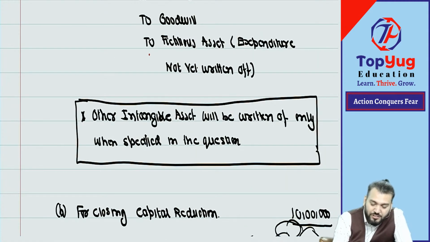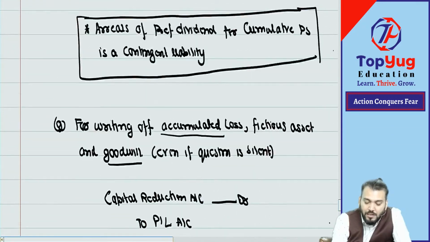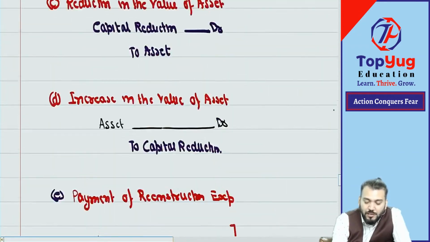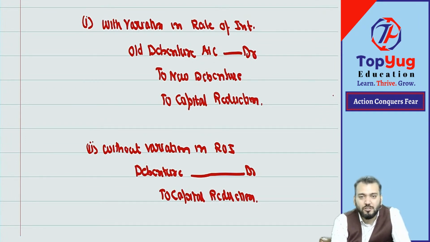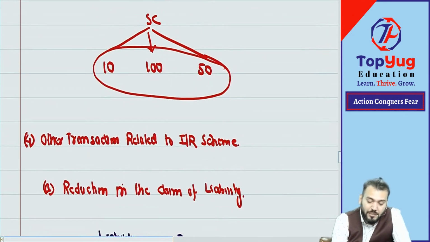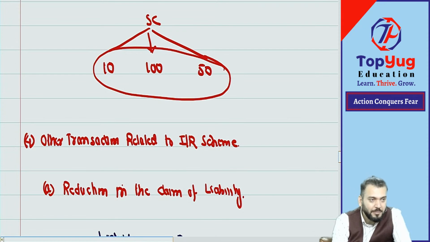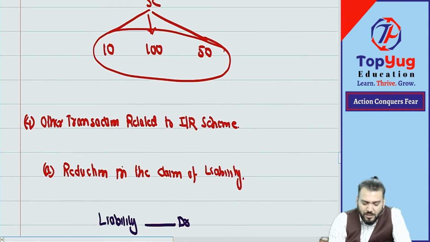The objective is to write off all the accumulated losses which have arisen due to overvaluation of assets or due to past operating losses. To write off those losses, we require reduction of capital.